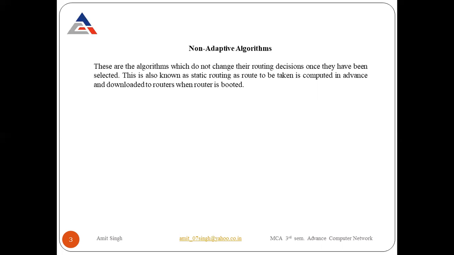What it means is that the algorithms that come under the category of non-adaptive cannot change their route. No matter how much traffic there is or what the topology on the route is, they have to follow the particular route. The route that is decided at the initial stage, all the packets follow this particular route, and all the algorithms that come under this category are known as non-adaptive algorithms.